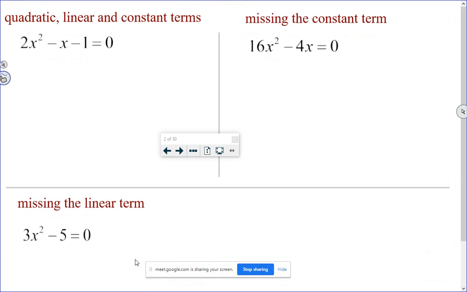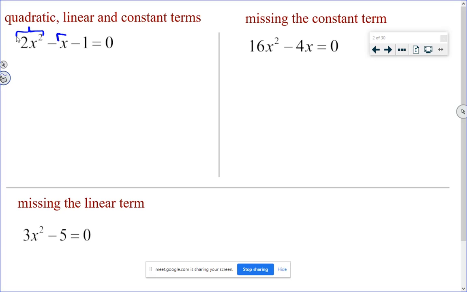And I really believe that what I'm about to go through with you is crucial to your success in this lesson. What you're looking at on the board are 3 different quadratic equations. The first quadratic equation is 2x squared minus x minus 1 equals 0. And there is a quadratic term.